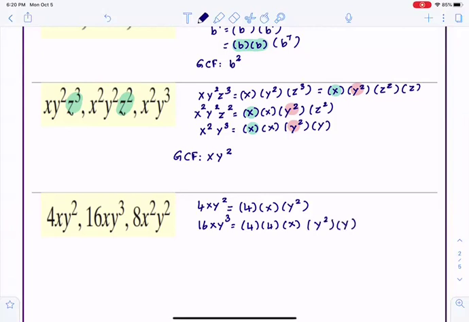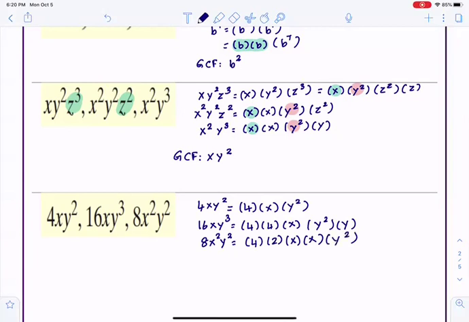And lastly, we have 8x squared y squared. 8 can be written in terms of 4, so we have 4 times 2 multiplied by x times x, because the lowest exponent for the x term is 1, multiplied by y squared.